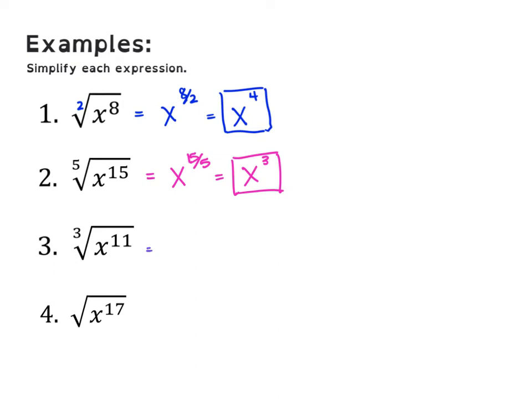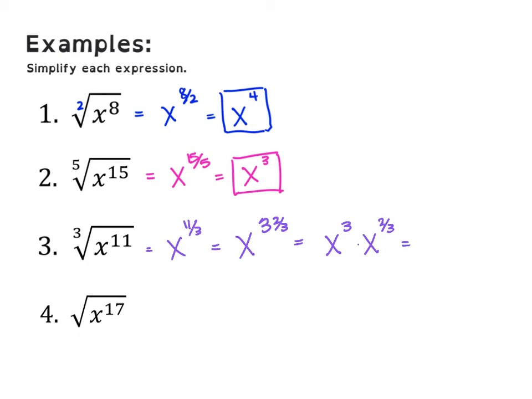But here, I get x to the 11 thirds, which is really x to the, well, how many 3's fit into 11? It's 3 and 2 thirds. So I have x to the 3rd and x to the 2 thirds. My rule for exponents was that I would add those together to get 3 and 2 thirds, so I can also separate them.